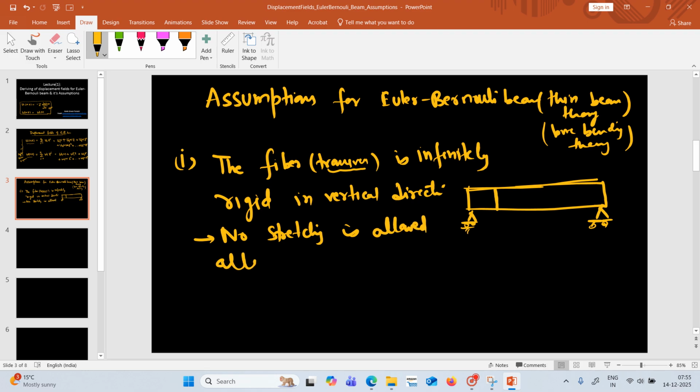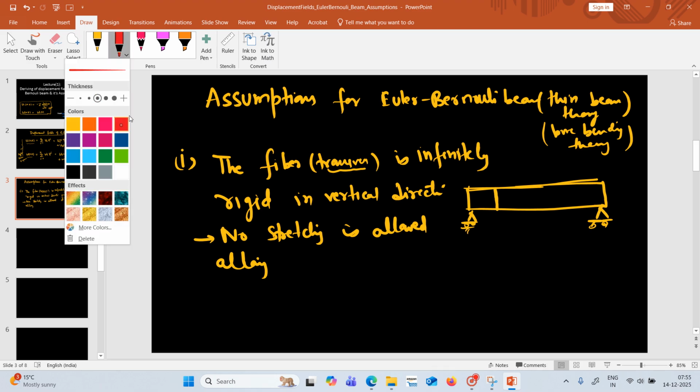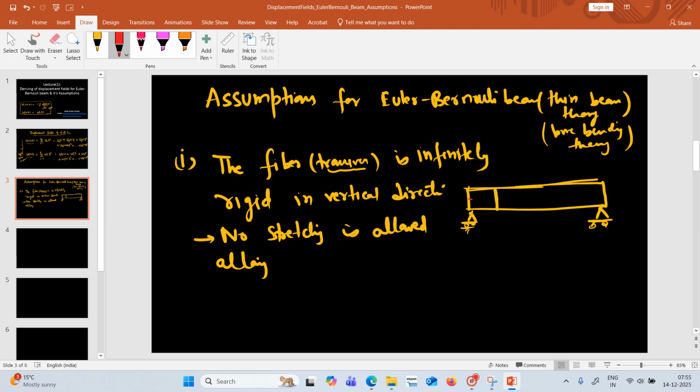So what is the transverse direction? Let us give some axis coordinates. The mid-axis is x, and the vertical transverse direction is the z axis. So x and z, and we assume the width direction, that is the y direction, the width b, is very small, a very thin beam.